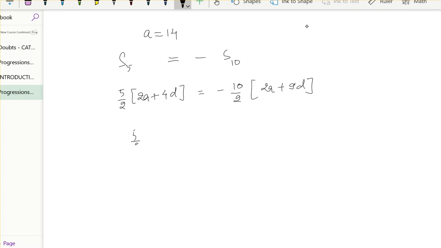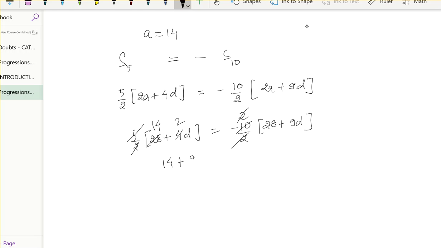So 5 by 2 times (28 plus 4d) is equal to minus 10 by 2 times (28 plus 9d). The 2, 2 is cancelled out. Now we get 14 plus 2d is equal to minus 28 minus 9d.